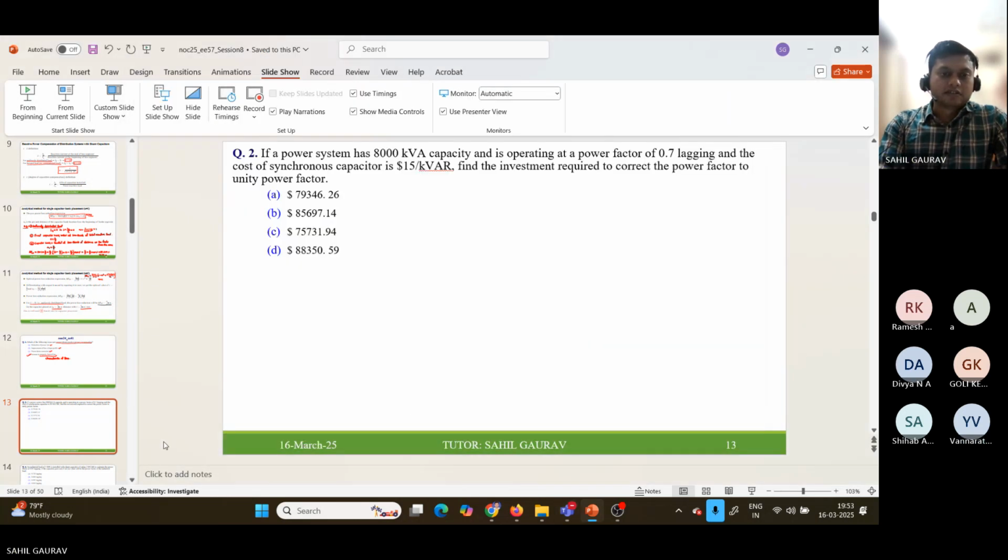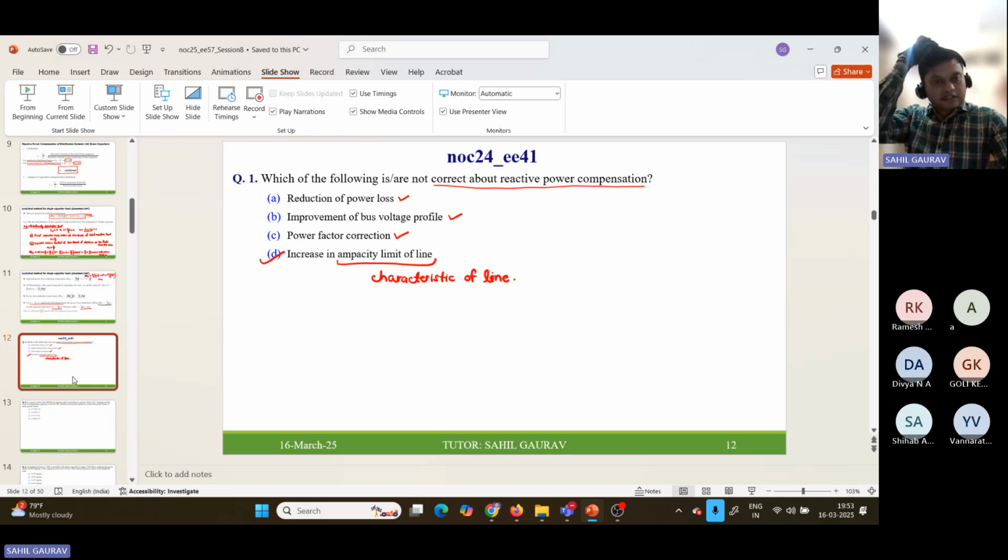You will get a similar type because that is the basic requirement that we are doing for this tutorial session. This assignment question is different, sir. But it is the outcome of power compensation. Yes, outcomes mean advantages only.